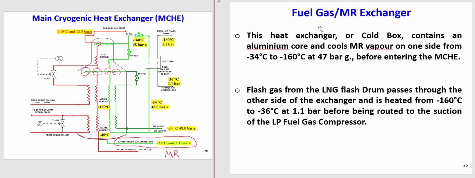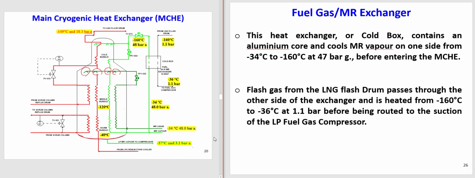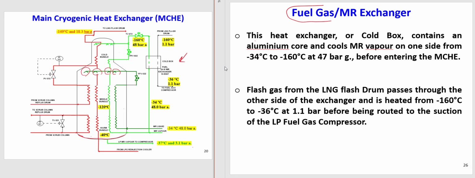Okay, then the heat exchanger or cold box contains an aluminum core. So the cold box here, I'm talking about this one. This heat exchanger, we call it cold box or fuel gas mixed refrigeration heat exchanger.